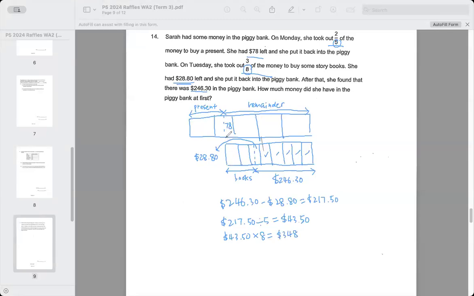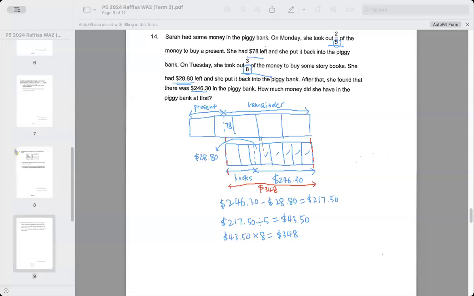So the whole thing here, let me use another color, the total remainder, will be $348.